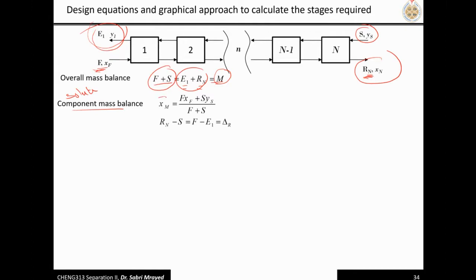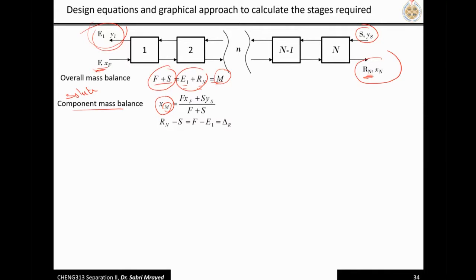Now, that means the XM, which is the composition of the solute in the total mixture, is going to be F multiplied by XF plus S, which is the flow rate of the solvent, multiplied by the composition of the solute in the solvent, divided by the total of the feed and the solvent.